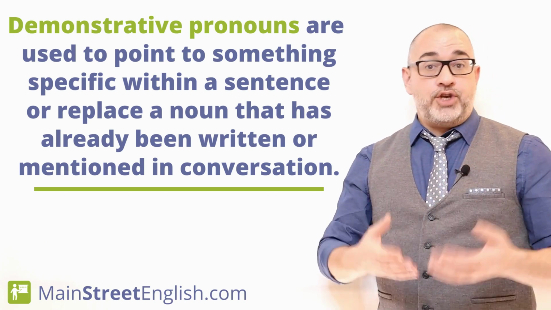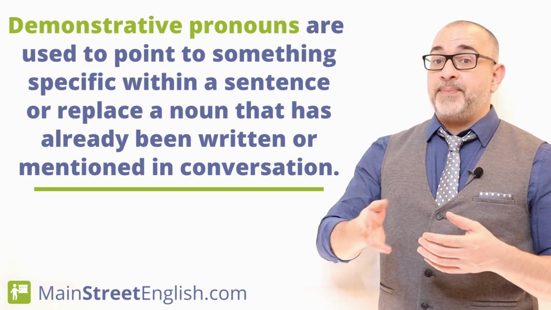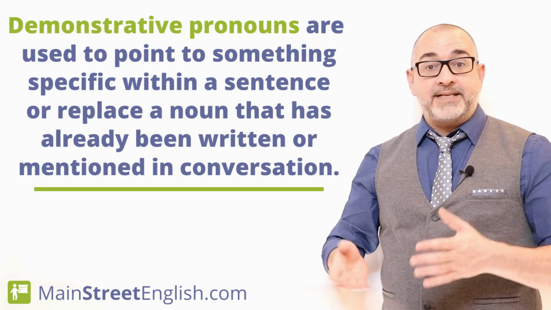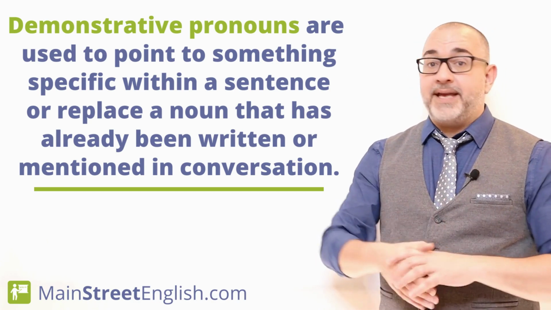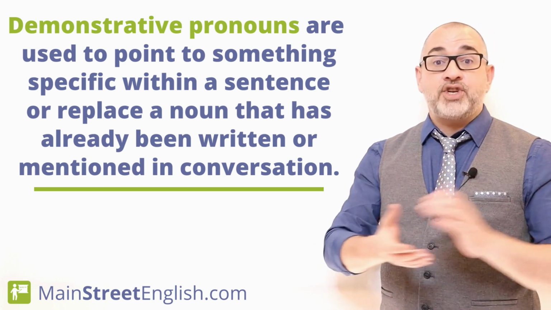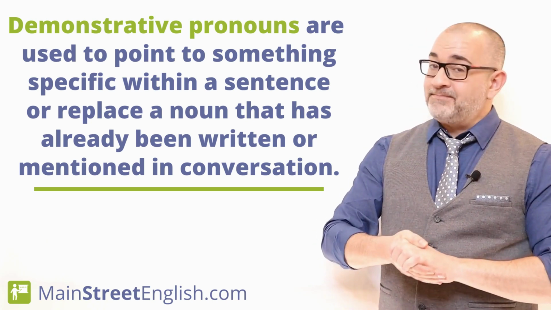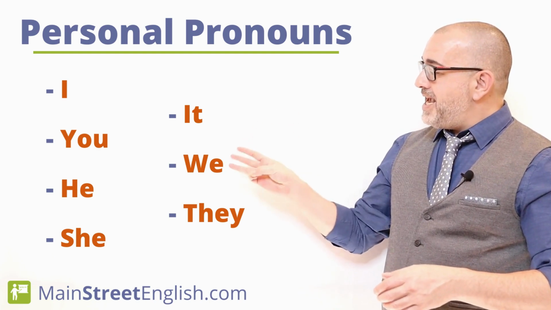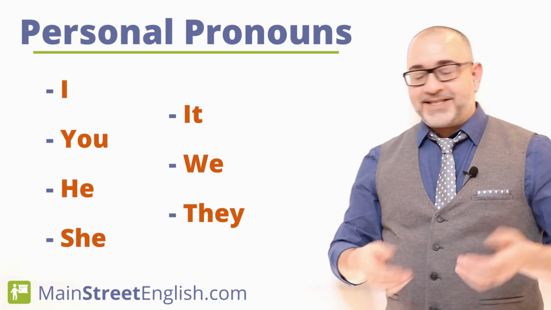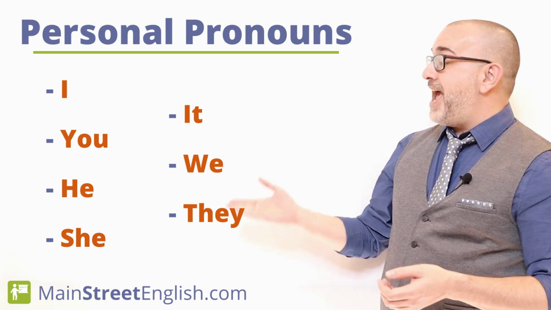Demonstrative pronouns are used to point to something specific within a sentence or replace nouns that have already been written or mentioned in a conversation. Personal pronouns are I, you, he, she, it, we, and they.